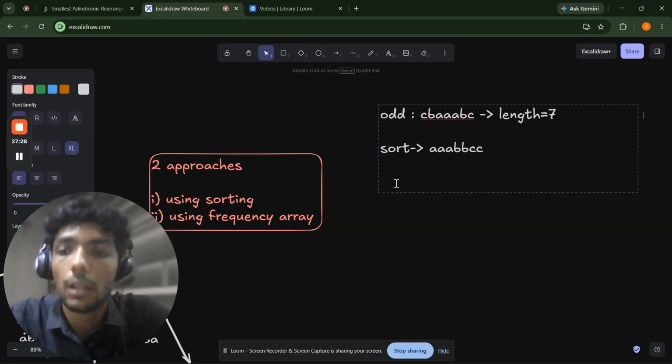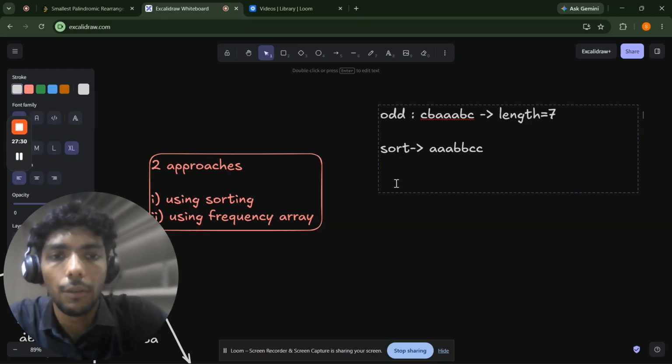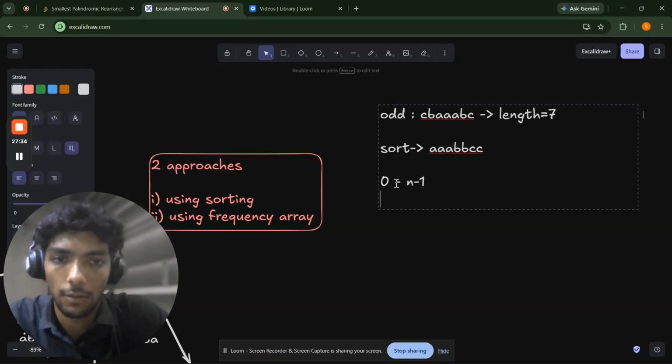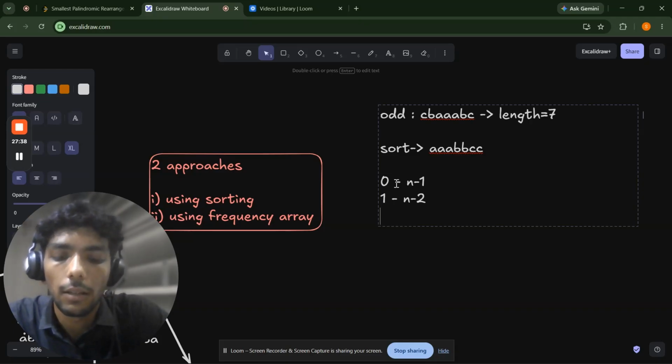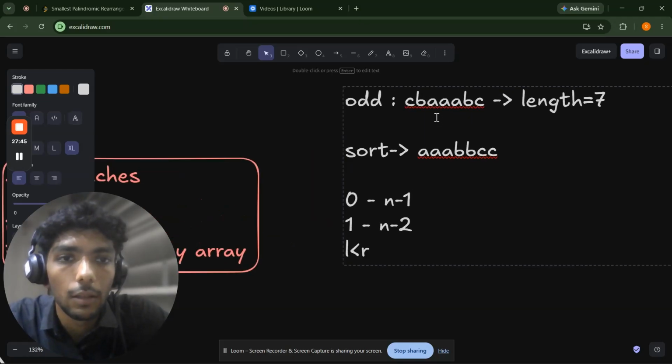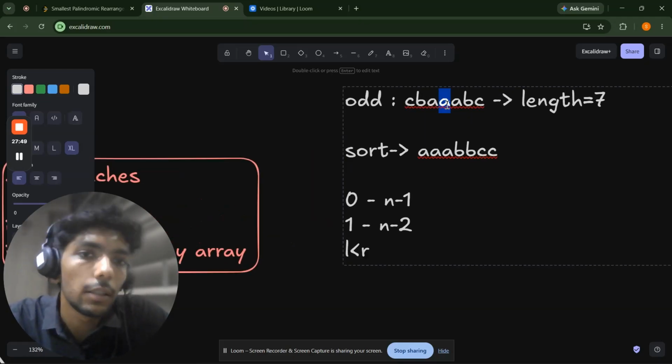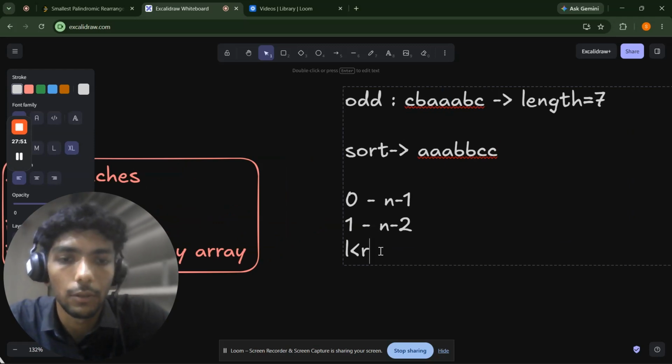But we also want a palindrome. So if we insert at 0, we need to insert at n minus 1. If we insert at 1, we insert at n minus 2. Till when? Till the middle, or you can say while L is less than R. These three, and these three, we do not touch the middle.